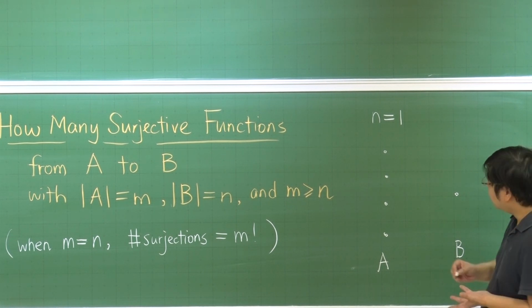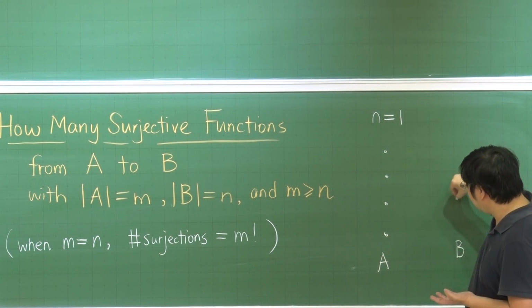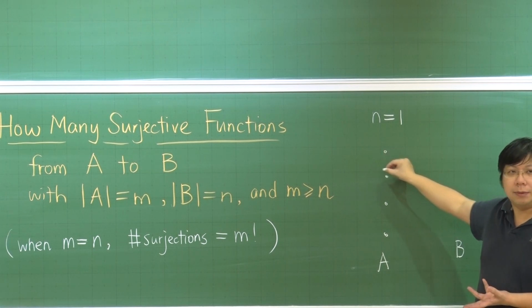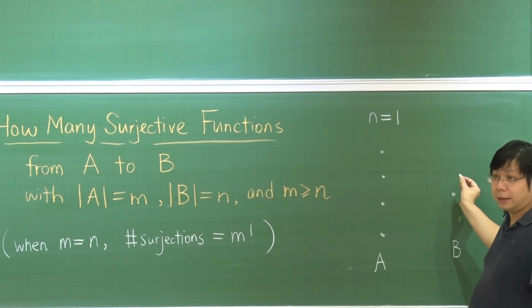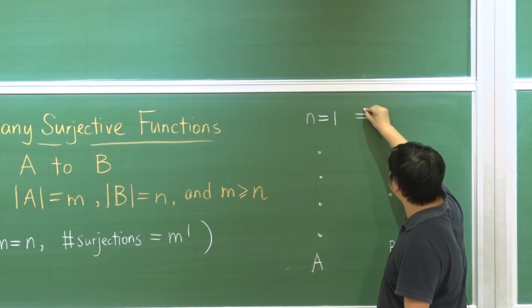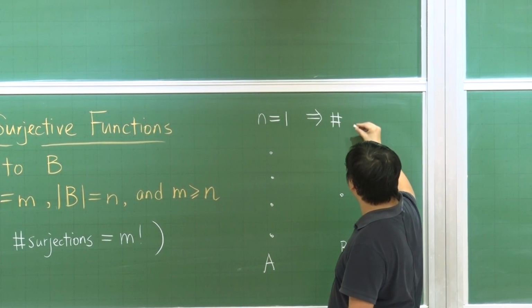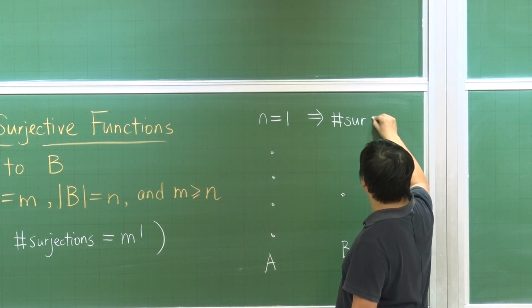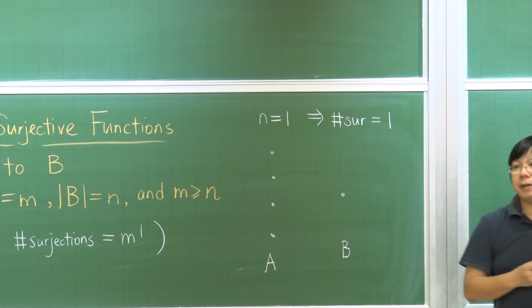It is easy, because each function must map each item of A into B. So the number of surjections turns out to be simply 1. This is the simplest case.